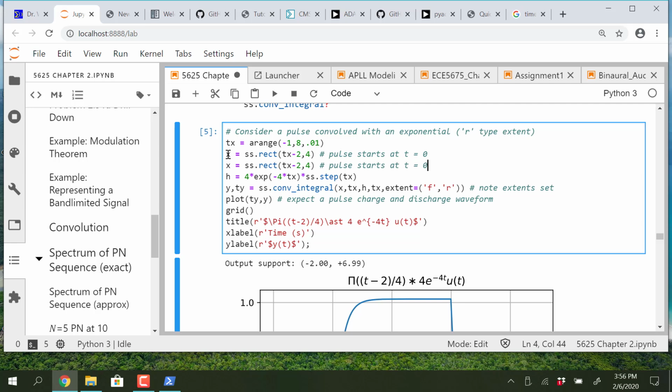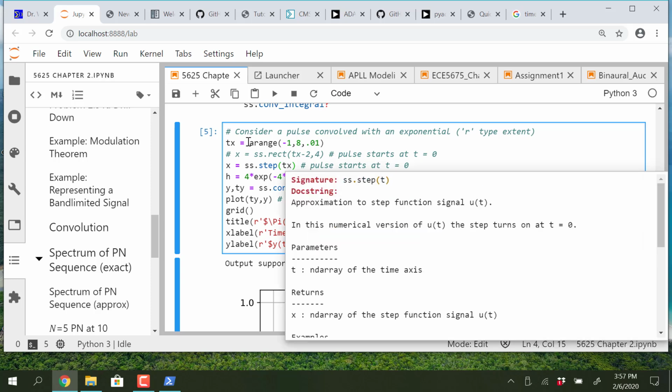So I'm just making a copy, and I'm going to comment that line out, and then rather than doing a rect, I'm going to make this a step, and I'm just going to put the time axis in there, tx, for both the x and the other pulse value, the exponential decay. So that should work.